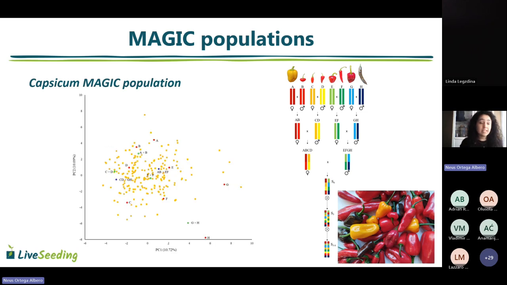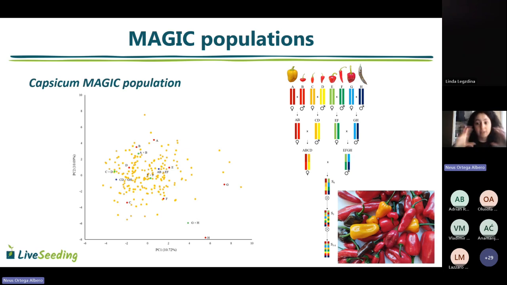For example, in this population, we have observed that the lines embed all the variability of the parental lines, both phenotypically and genotypically, including variability coming from all the parental lines, as we can see in the PCA, where we have all the parental lines more or less divided, and a cluster of dots with all the S3, the third selfing generation lines. It is diverse.